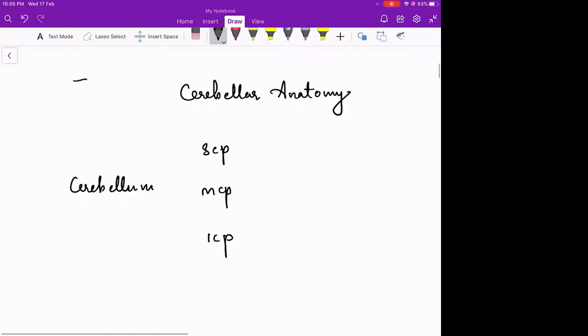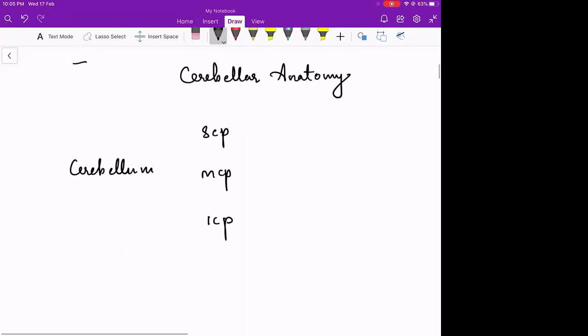So coming to the cerebellar anatomy, the cerebellum can be divided into archicerebellum, paleocerebellum, and neocerebellum.